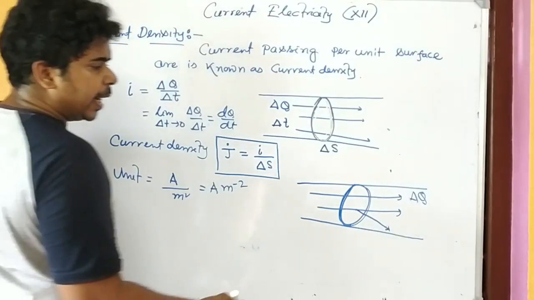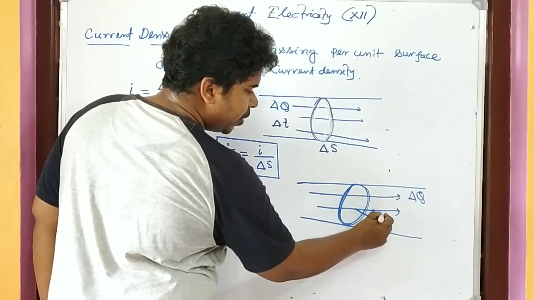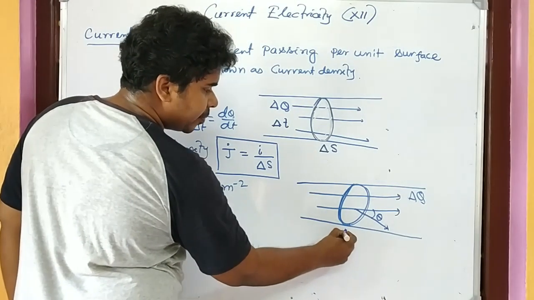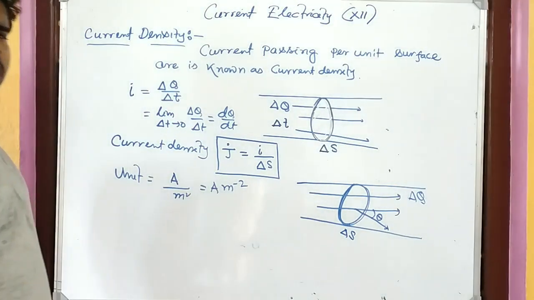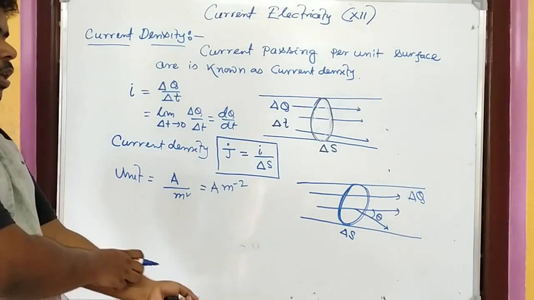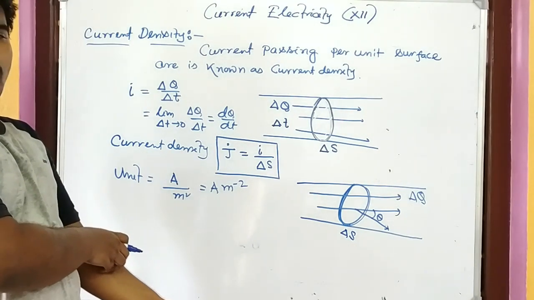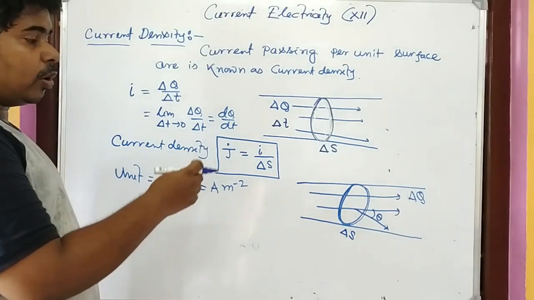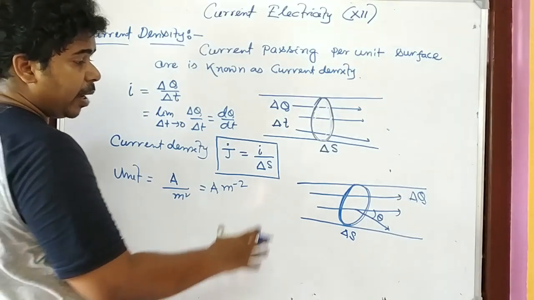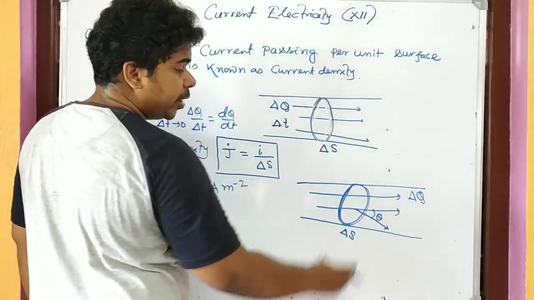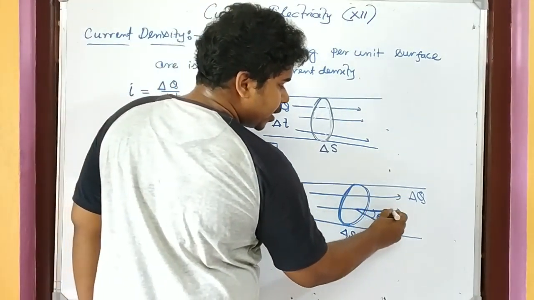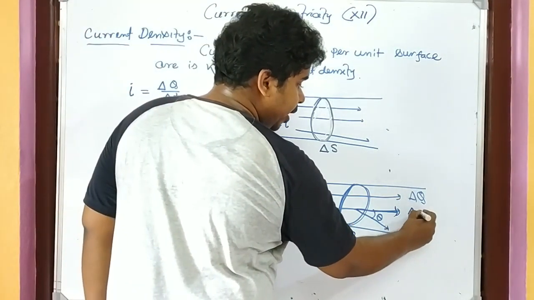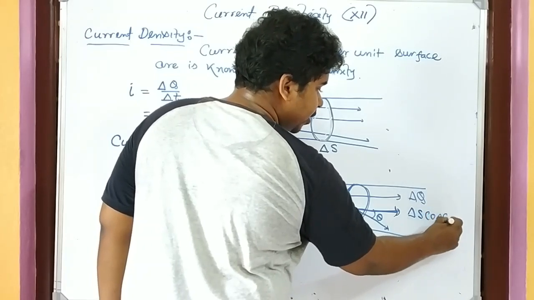So there is an angle, and we are assuming the angle is theta and the surface area is del S. Now, the amount of surface area along the direction of the charge, we will take this component. It will be del S cos theta.